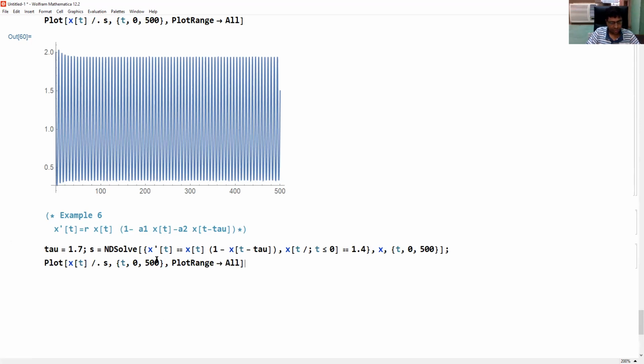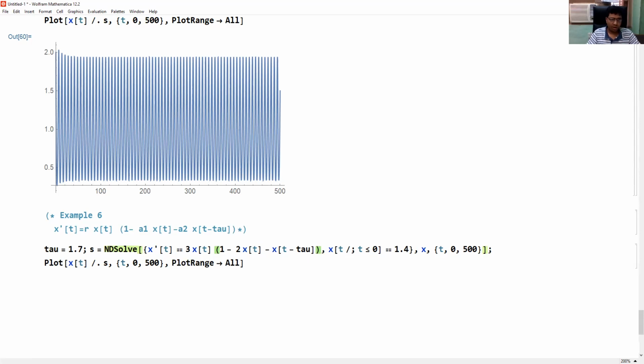I'm taking r also equal to 3. So 1 minus a1 x, so it is 2 x of t, minus a2, which is say 1, x of t minus tau.